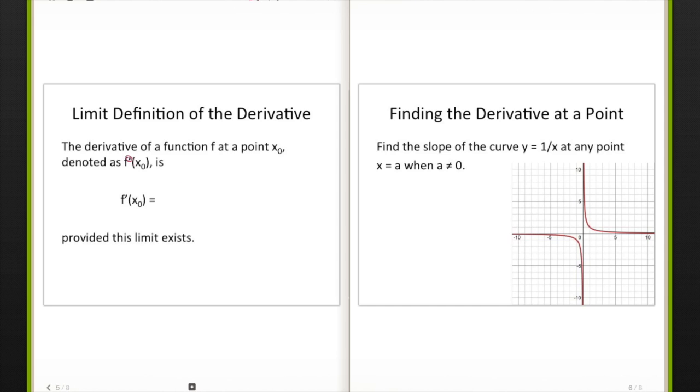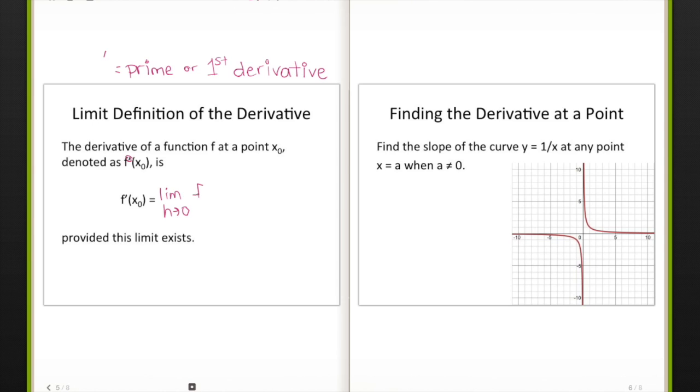The derivative of a function f at a point x sub 0, denoted as f prime of x sub 0, and that little apostrophe there is the symbol for prime or the first derivative. And yes, you will find later on that there are second derivatives, third derivatives, fourth derivatives. But this week we're just going to worry about the first derivative, which is why there's just one apostrophe mark.